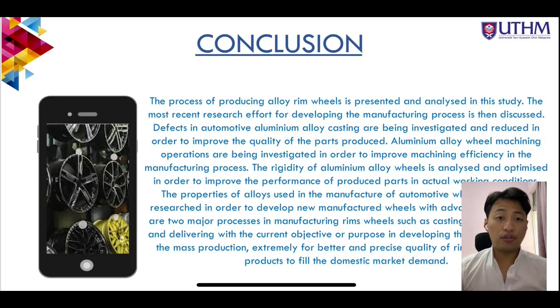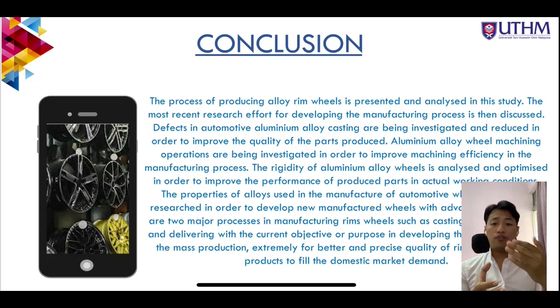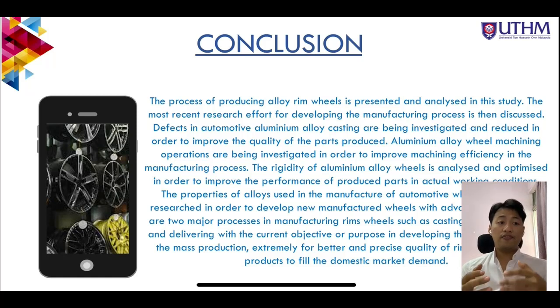As a conclusion, the process of producing alloy rim wheels is presented and analyzed in this study. The most recent research efforts for developing the manufacturing processes are discussed. Defects in automotive aluminum alloy casting are being investigated and reduced in order to improve the quality of the part produced. Aluminum alloy wheel machining operations are being investigated in order to improve machining efficiency.